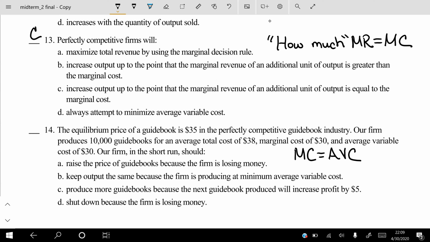Well, it looks like the answer here is C. Produce more guidebooks because the next guidebook produced will increase profits by $5. So the answer is C. Okay. So pay attention to the numbers.